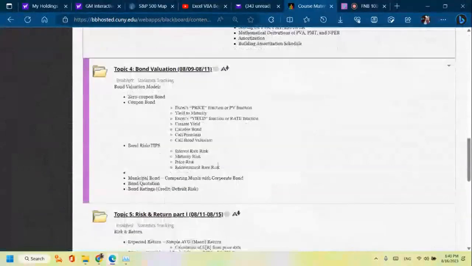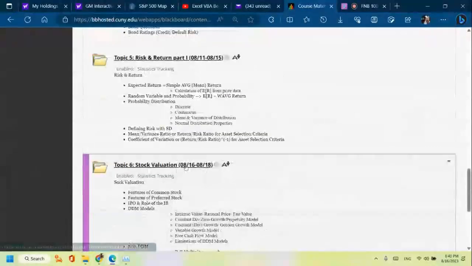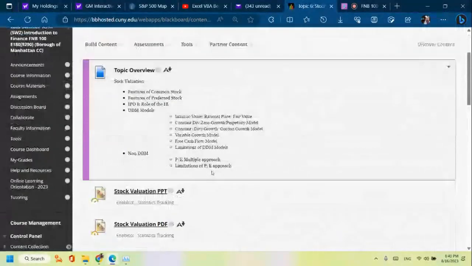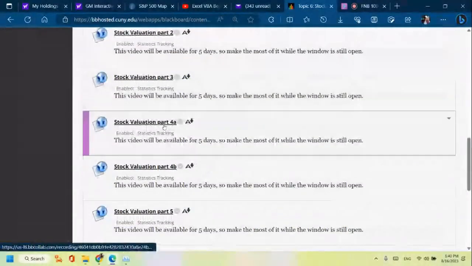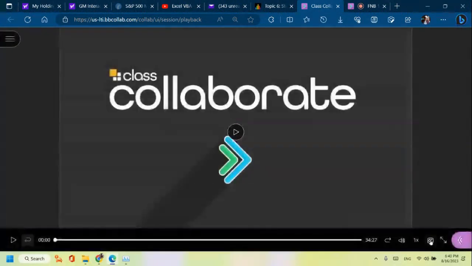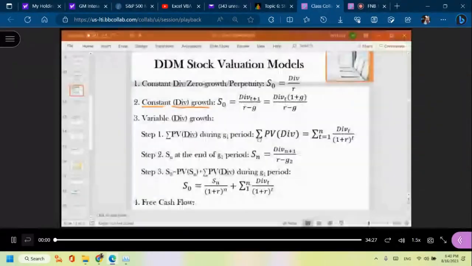It's cut up into part 4A and part 4B. So let's take this to part 4A. Before we move on to the next model, I'm going to show you some examples of the Gordon growth model.